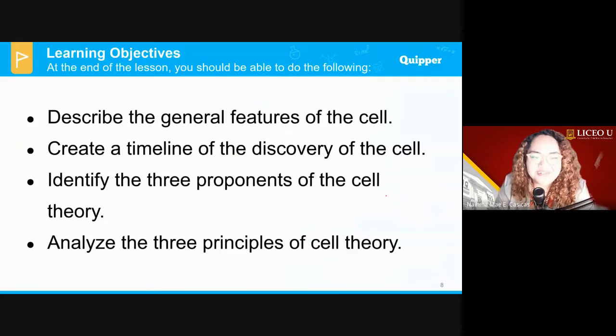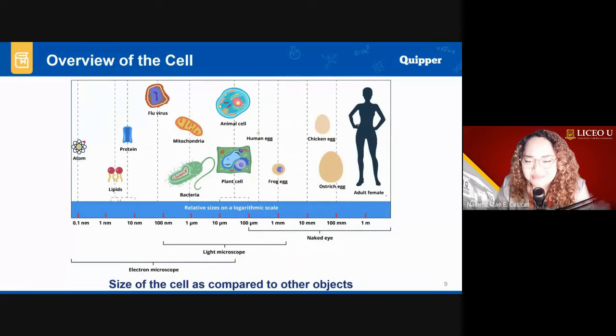All right. So let's talk about the cell. The cell is very small. No? Ang cell nato is very small, especially the things that are inside the cell, and the organelles inside the cell are composed of pa jud. They're so small. So why do you think cells are very small? Anong gamay kaayo ang cells?